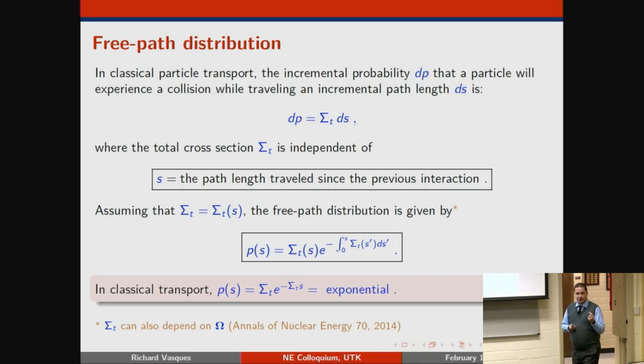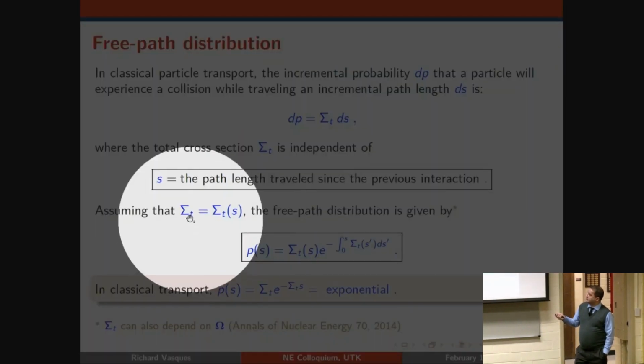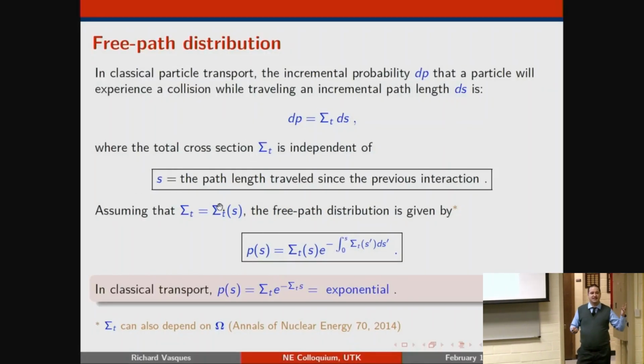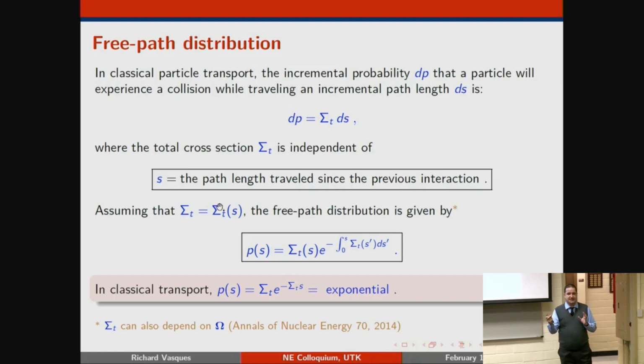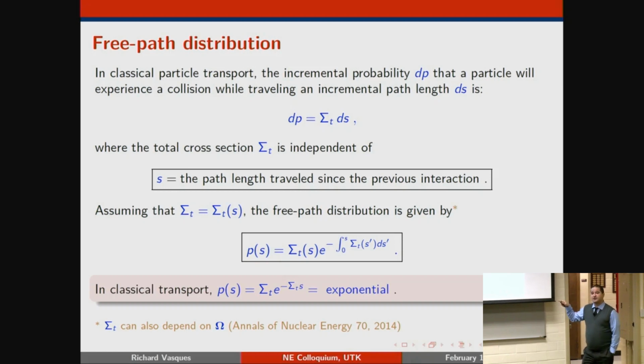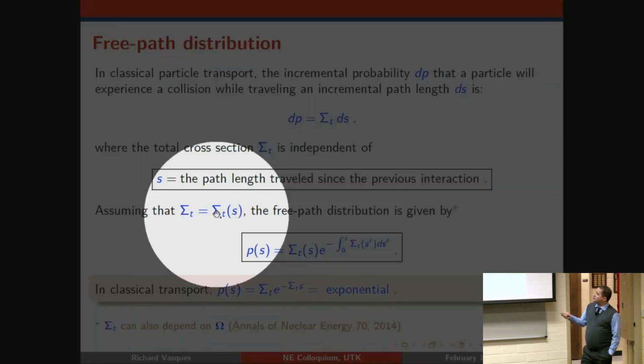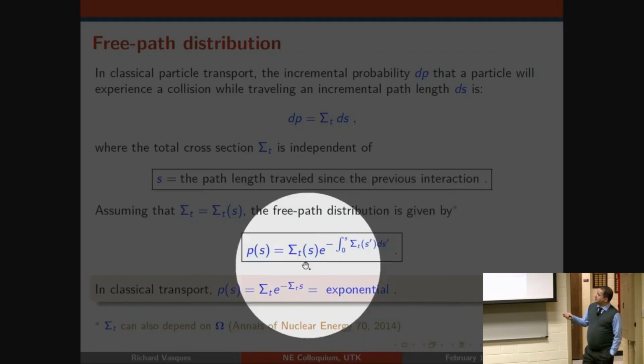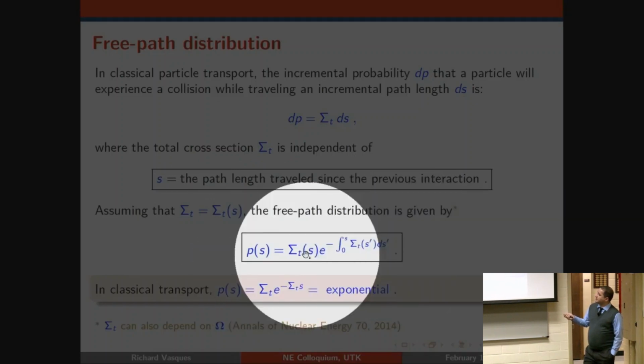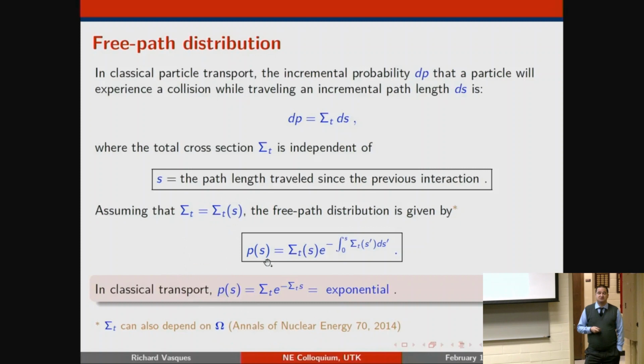The change that we're proposing, and the change that is the birthplace of this method, is in saying that the probability of collision is going to be also called a sigma t, even though it doesn't really mean a sigma t, it's some sort of mathematical artifact, is going to depend on that s. And if it depends on that s, you can have a general probability function, given by this function here, that is not necessarily an exponential.